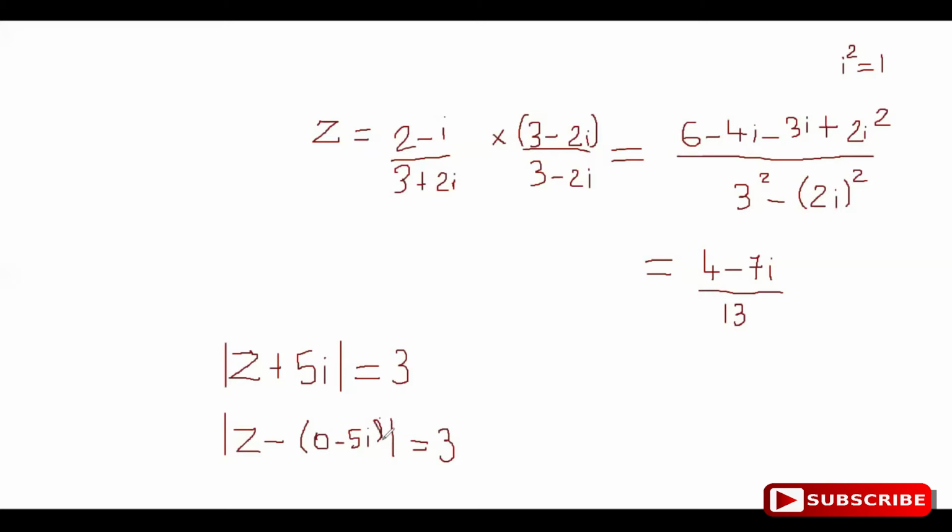So now we get the center. From this piece, we get the center. The center is (0, -5), and the radius is 3. So we're looking for a circle with center (0, -5) and a radius of 3.